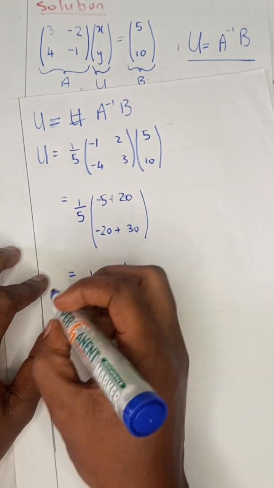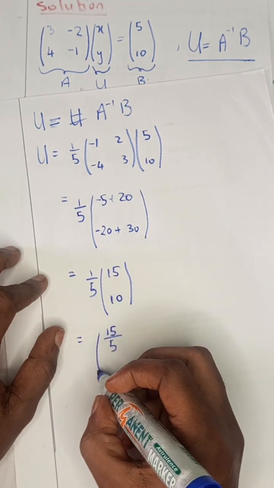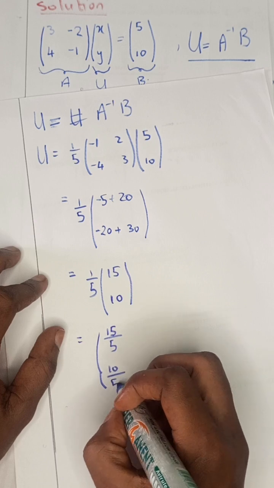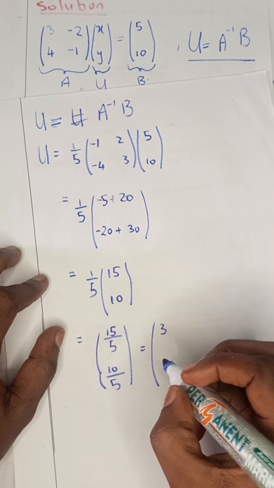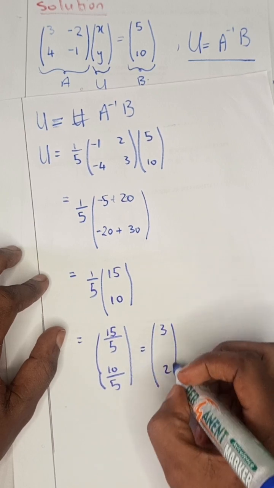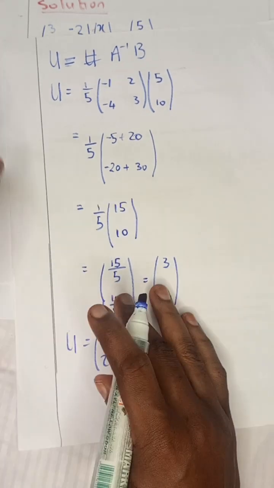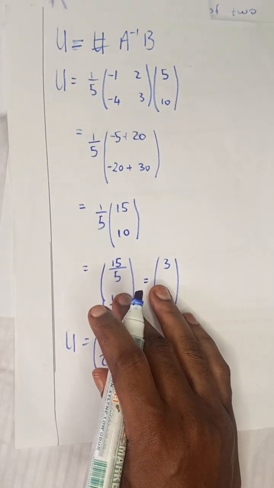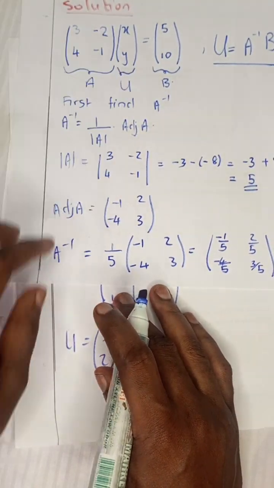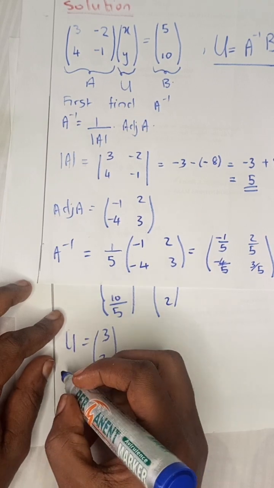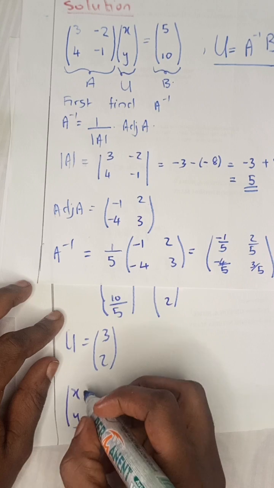At this level now, we can take in the factor and simplify. This gives us 15 on 5 is 3. And 10 on 5 is 2. So we have U being equal to 3, 2. And remember, U is a matrix whose entries are x and y. So we replace U by its matrix entries, we are going to have x, y.